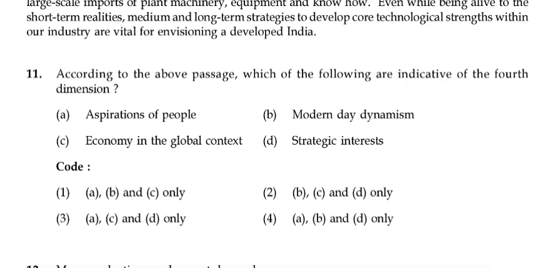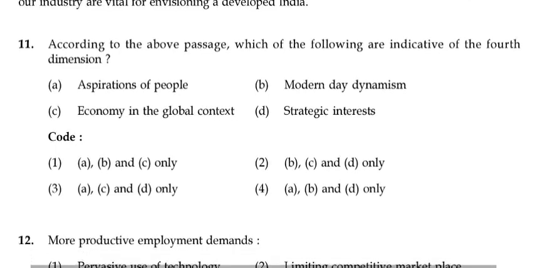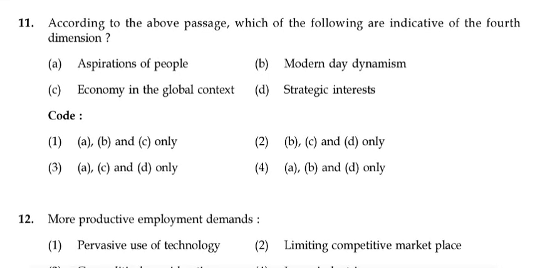So I have finished reading it. If you have not understood completely, then you can go backward, start the video and then come back here. Number 11 says, according to the above passage, which of the following are indicative of the fourth dimensions?